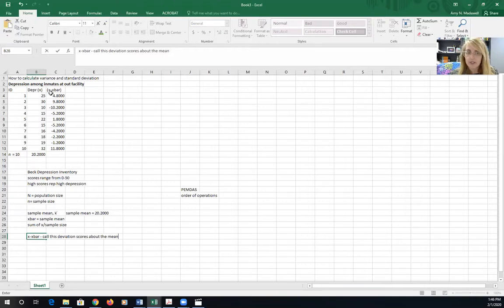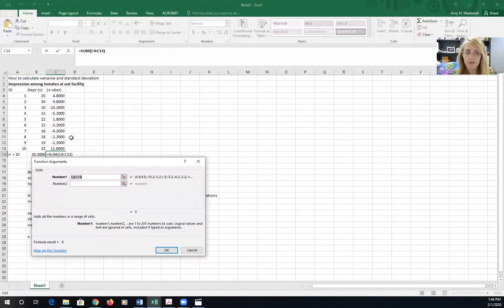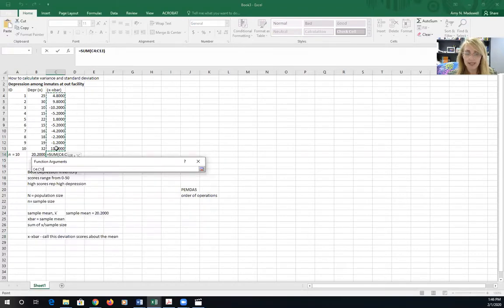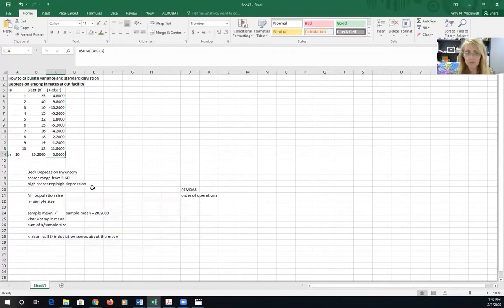If we sum these together, so we type in equal, hit the function sum, and calculate these values and hit enter, we should get 0 because all we're doing is backtracking our mean formula. We're not done. We don't really do anything with our deviation scores about the mean.